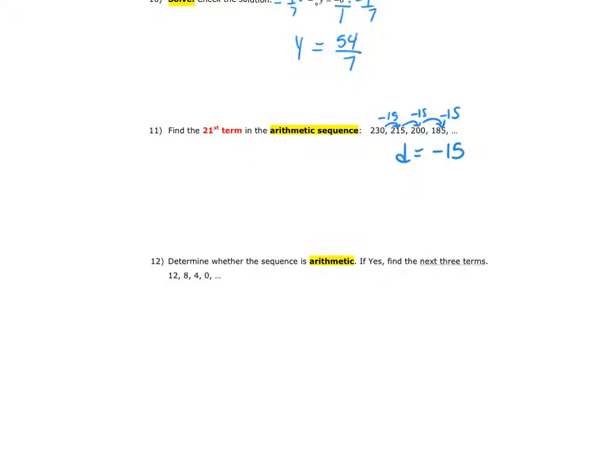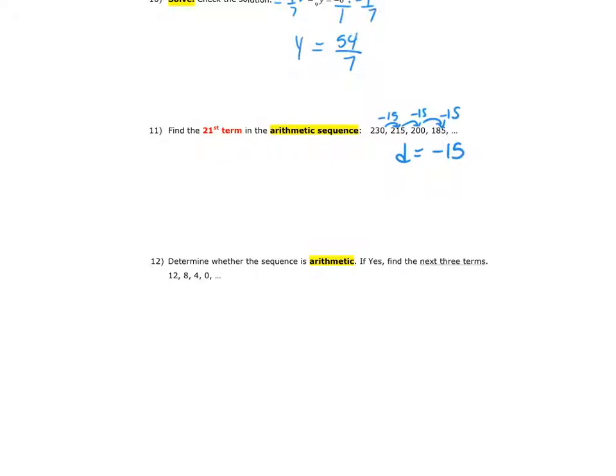If you think about it logically, what this is saying is, if you started with 230 and you're going to subtract 15 all the way till you get to the 21st term, it means that you subtracted 15 20 times. Because if you think about it, this is term 1, term 2, 3, and 4, and look at how many times I subtracted 15, only 3. So you subtract 15 21 minus 1 times, 20 times.